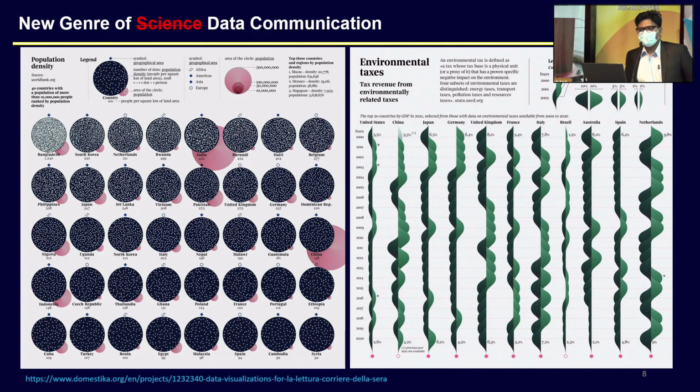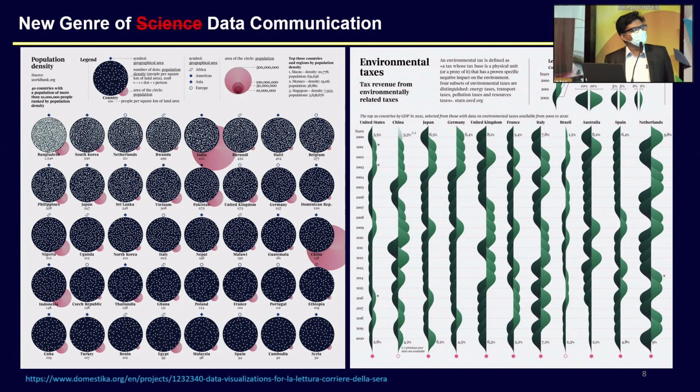This is population density, the first one. And just by looking at it, you can see the crowdedness or the clutter inside of a given area. You can see the dots resulting from the population, and just by looking at it, you can get an idea which country may have higher population density.